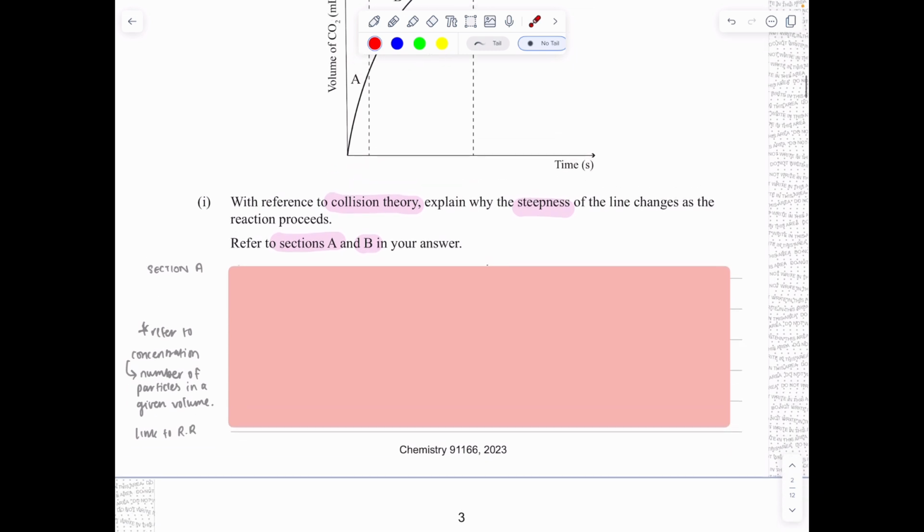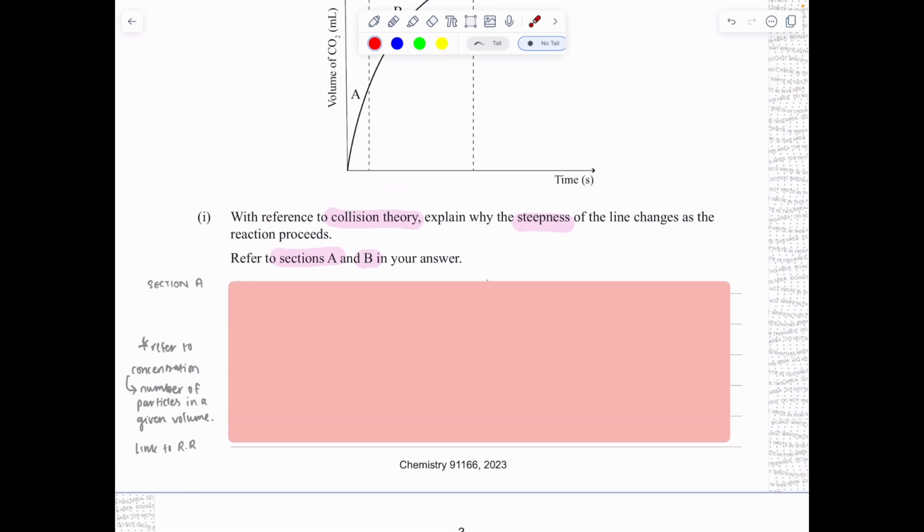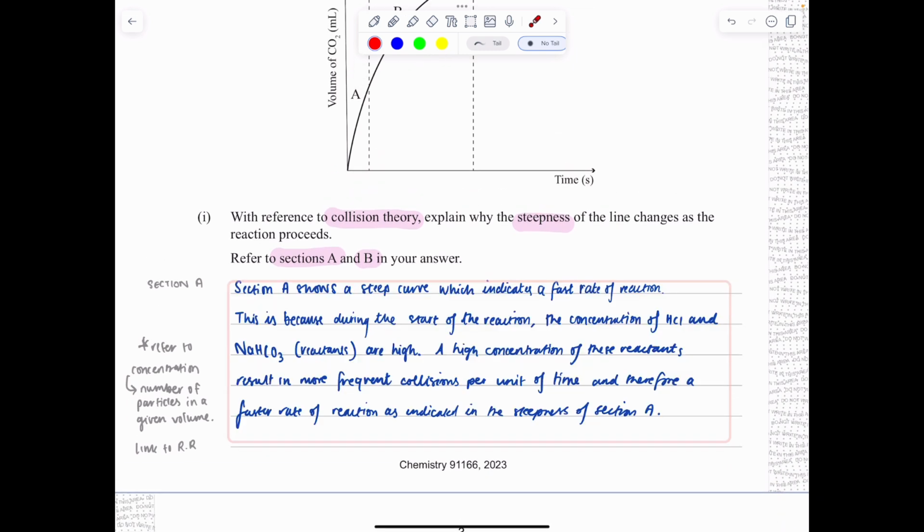So to put this in words, let's talk about section A first. Section A shows a steep curve, which indicates a fast rate of reaction. So we're always linking back to the rate of reaction. This is because during the start of the reaction, the concentration of HCl and NaHCO3 are high. So I'm being very specific to the actual equation. It's important for you to be specific to the actual context.